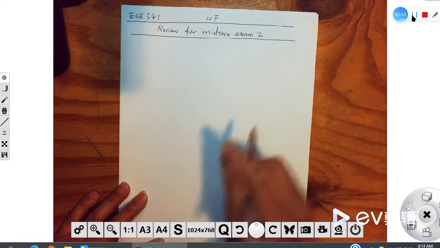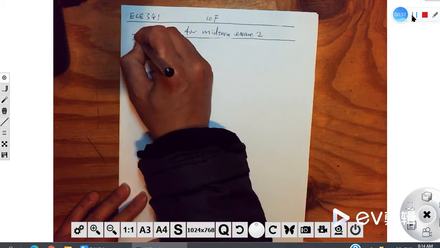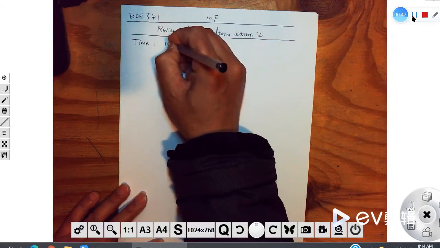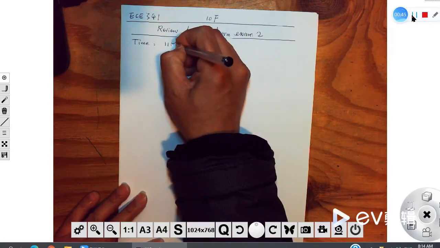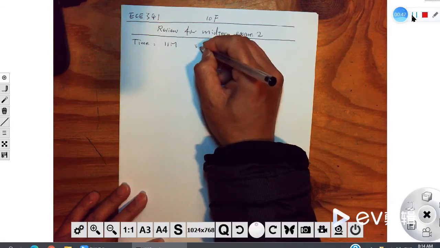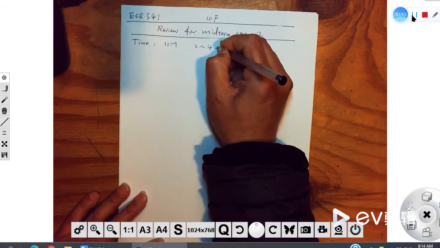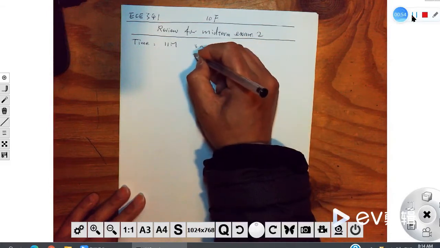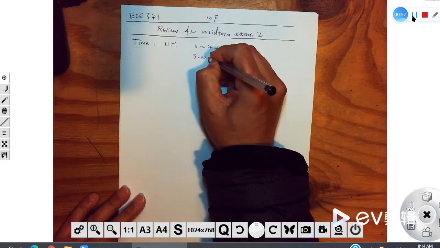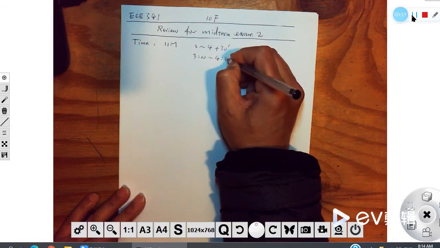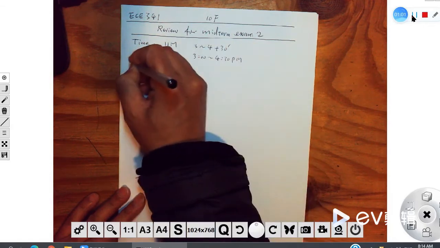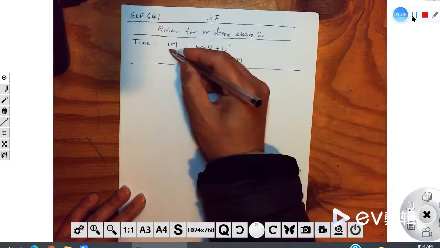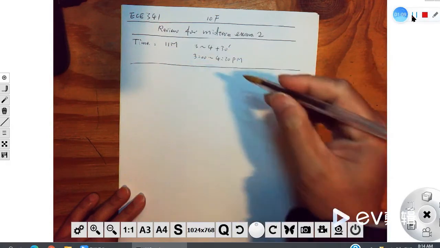Okay, the time of the exam: it will be on the 11th week Monday's class from 3 to 4:30 p.m. That's similar with the first midterm exam, right? Here we have the spring break, so this 11th week, now is 10th week, right?